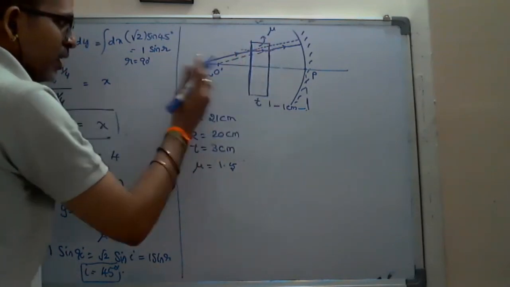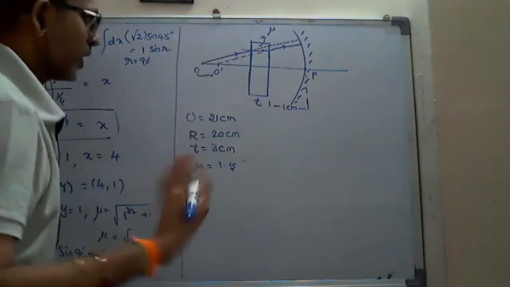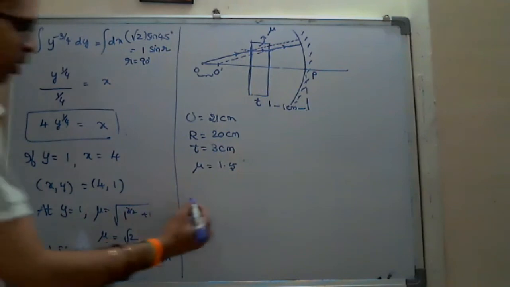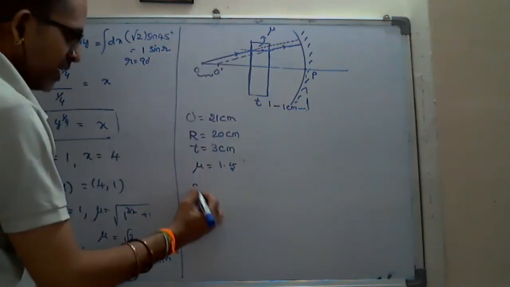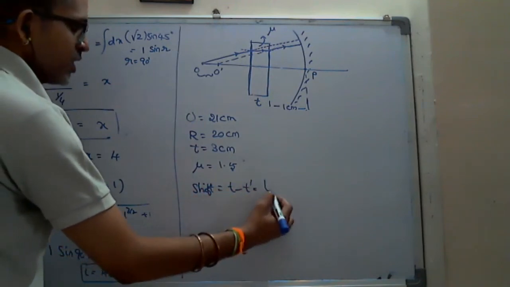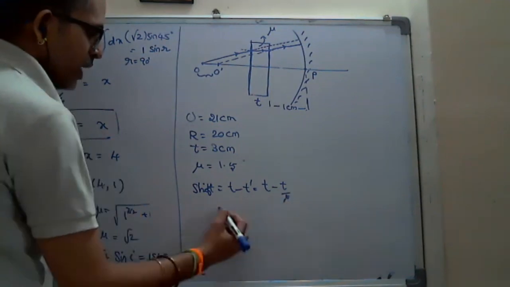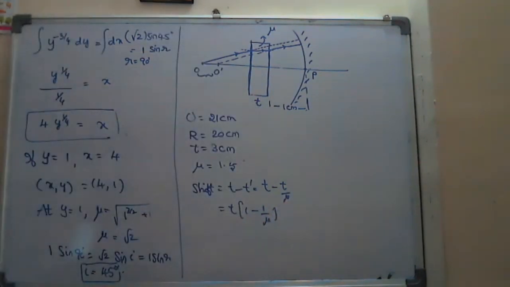As you already know in the case of apparent depth, if the object shifts towards the surface, the shift is t minus t dash, which is equal to t minus t by mu, that is t into 1 minus 1 by mu, towards the surface.